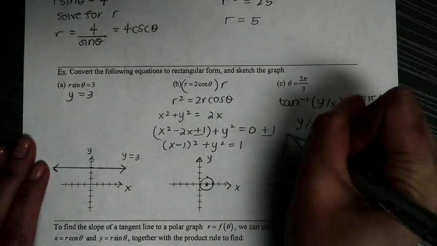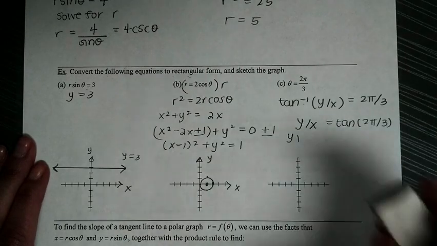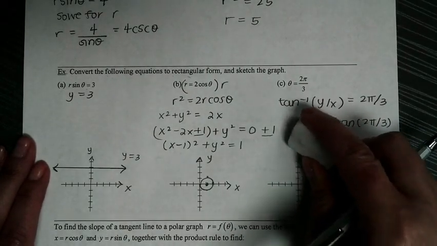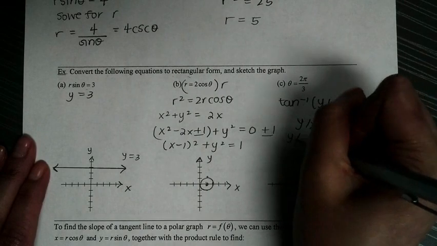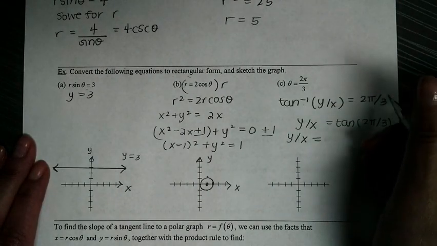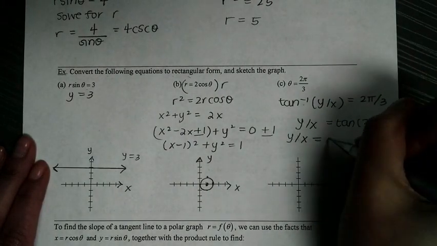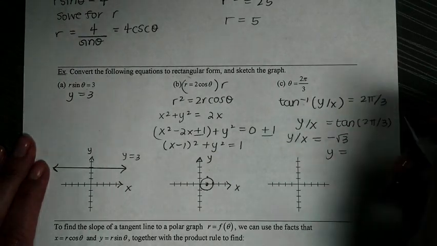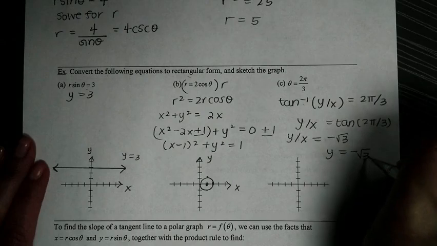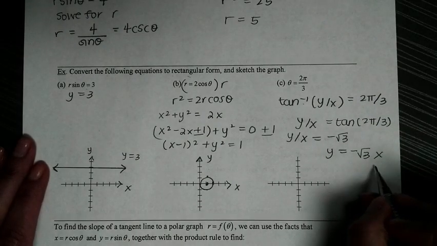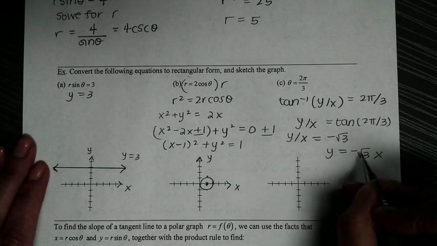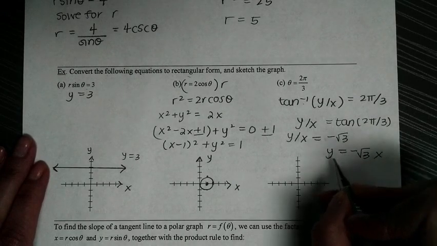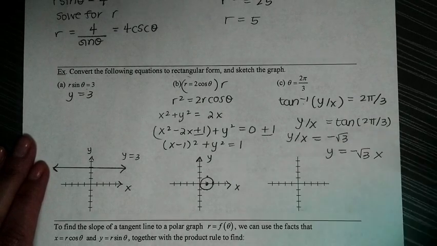Now, ask yourself, what in the world is tangent of 2 pi over 3? You know that tangent of 2 pi over 3 is going to be equal to negative root 3. So what you have here is the beautiful equation y equals negative root 3 x, which is a linear equation, and you can see that at the end of the day, negative root 3 is a constant, so you have a linear equation with a negative slope.